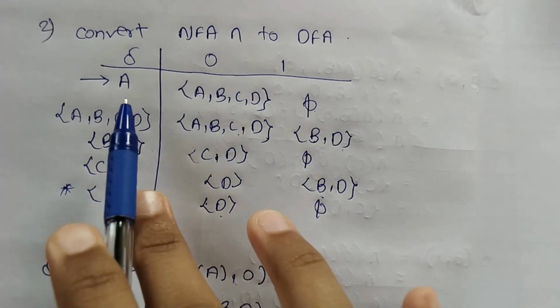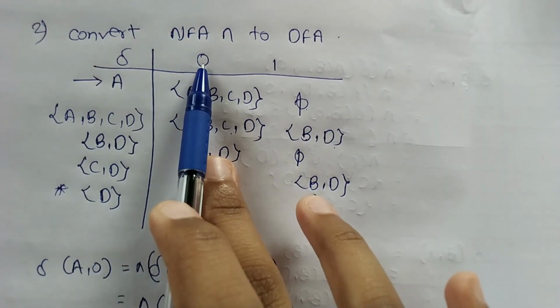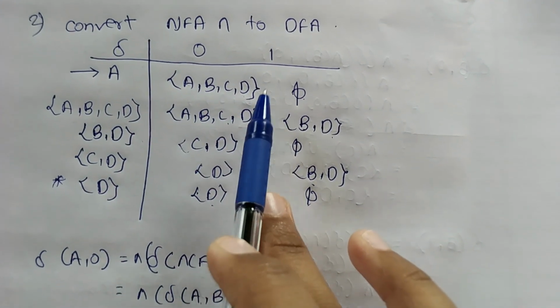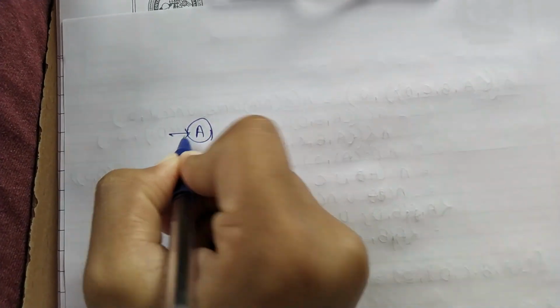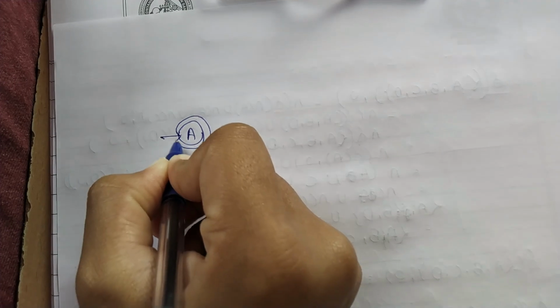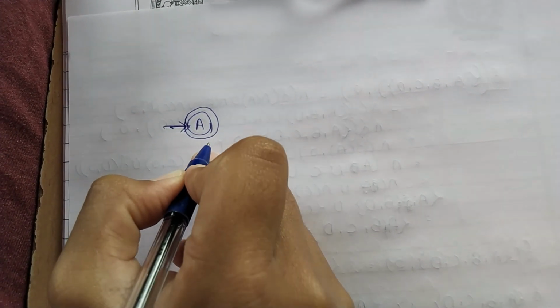So we start with A. So A reads 0 in ABCD, and A reads 1 in phi, meaning nothing. So first A is the initial state, and it is an acceptance state as well, because we proved that our initial state is an acceptance state.